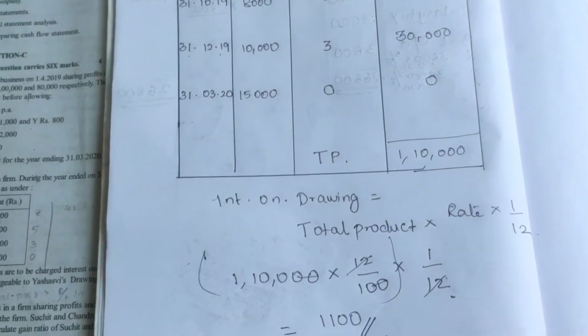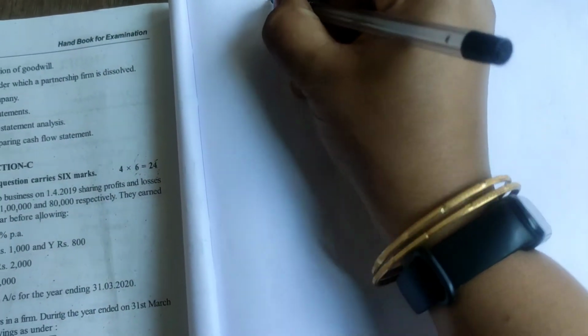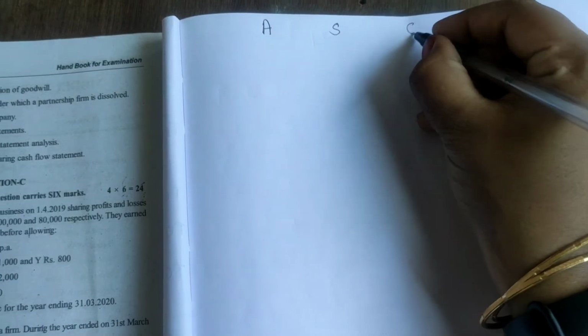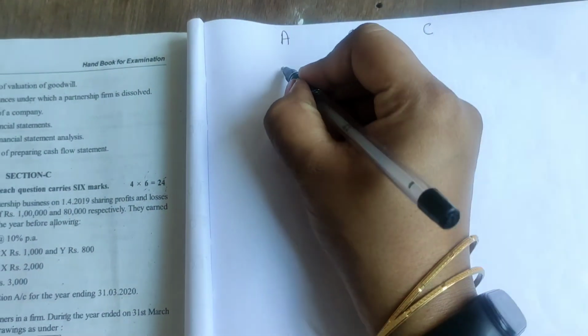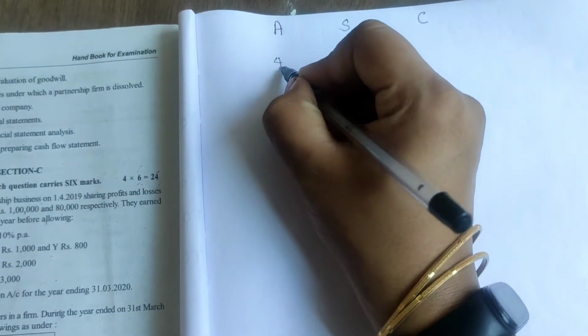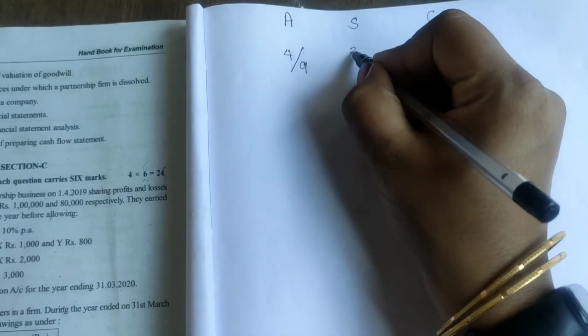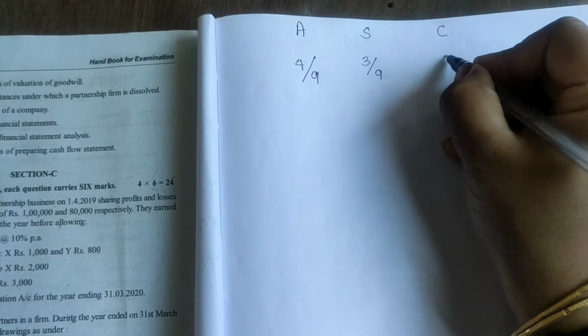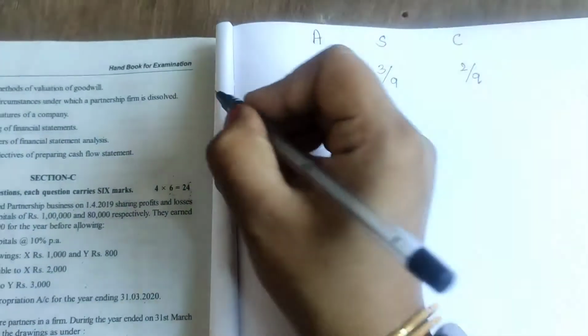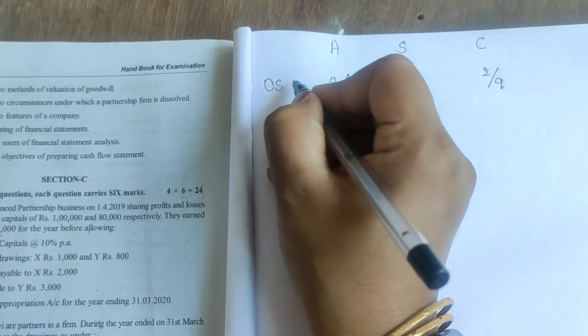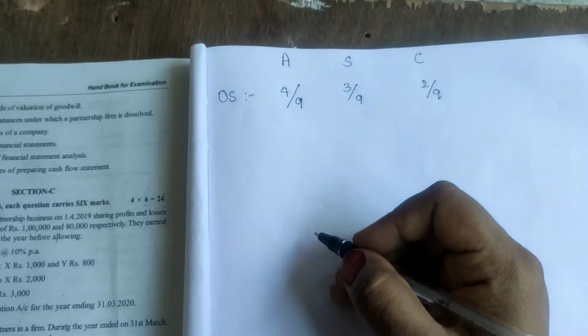So how are you going to write? First of all, who are the partners? Ankit, Suchit and Chandru. They are the partners. They are sharing 4/9, 3/9 and 2/9 as their old profit sharing ratio.